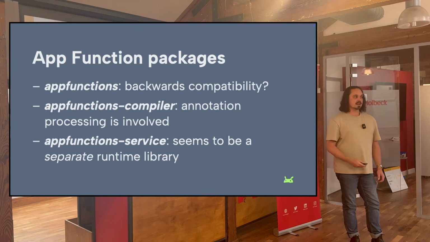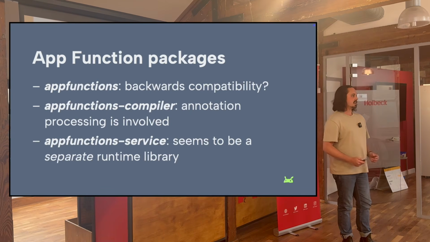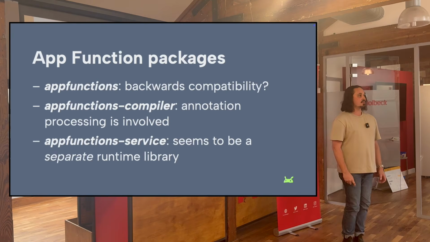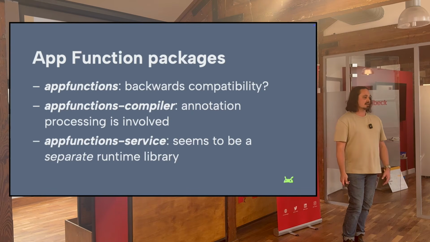And what that implies in the AndroidX sense is that from the app functions directory, maybe there's going to be some backwards compatibility. From the compiler side of things, that implies that there's going to be annotation processing involved, because that's the naming scheme that Google tend to follow for their compiler plugins. And then there's a service, which is sort of like a separate runtime library for actually doing the app function things.